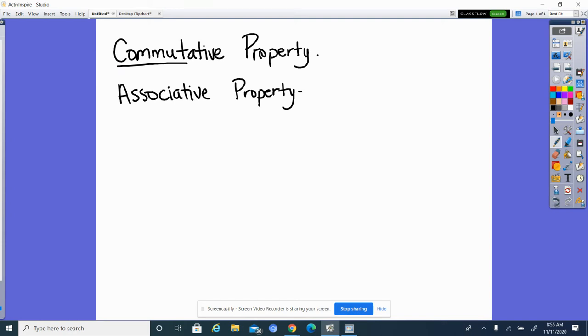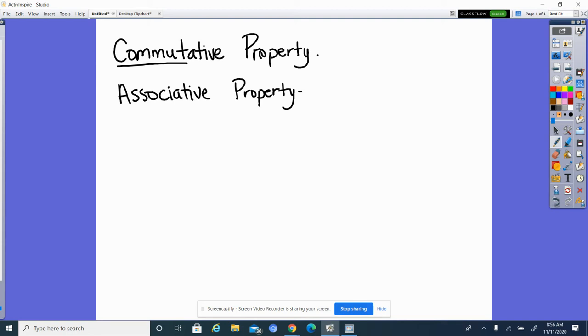How many of your parents have said, my commute to work is this long? Okay. Usually when someone commutes to work, they're traveling to work. So that's not saying, okay, my commute is, well, I do have a commute that's 2 minutes to school. But a lot of times when they talk about commute, it's like people that work up north and they have to commute for an hour and a half to get to work, okay? So knowing that, what do you think commute means? To travel.